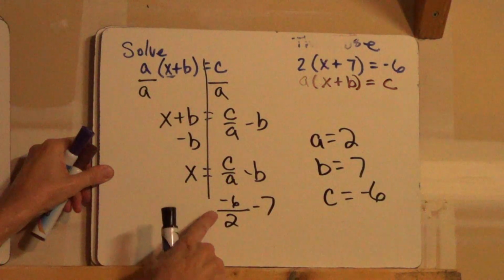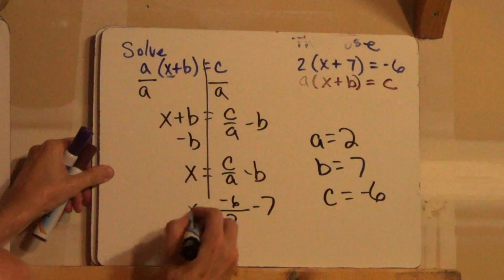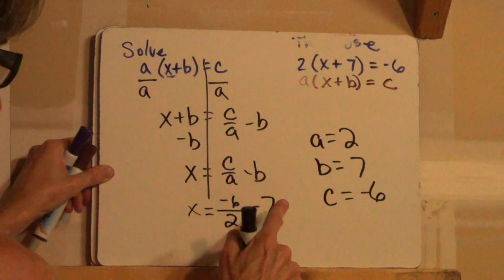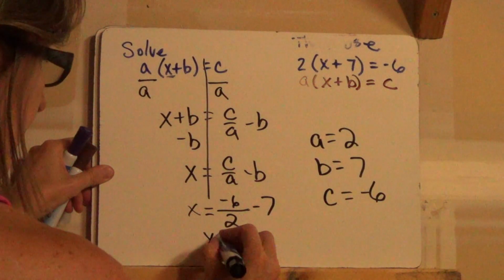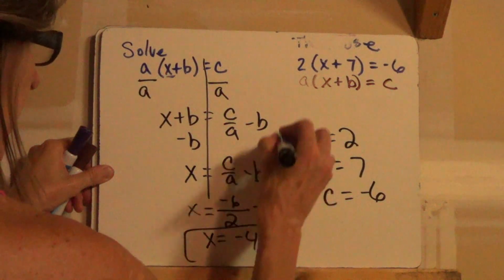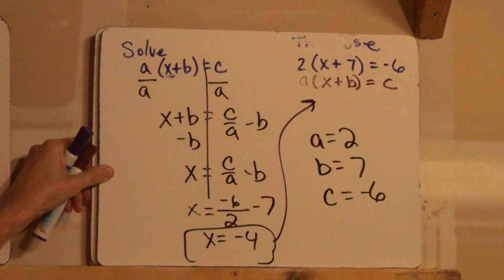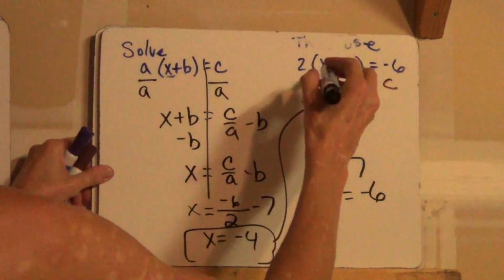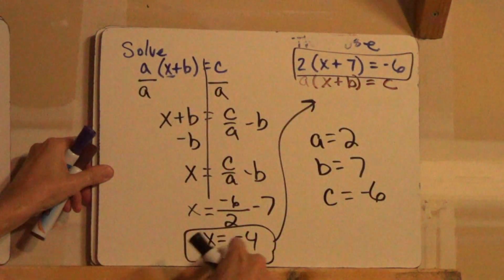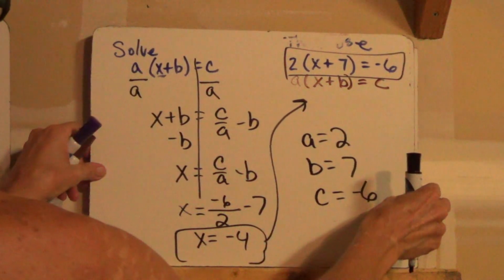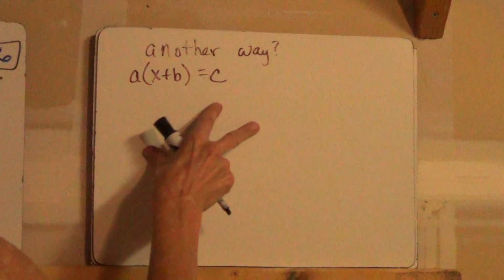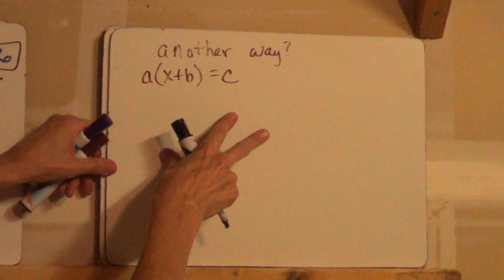Now follow your order of operations. Negative 6 divided by 2 is 3. 3 minus 7 is negative 4. So your x value for that equation is negative 4 for this equation right here. You don't need to solve that equation because it's just like this literal equation was. Lined up perfectly.